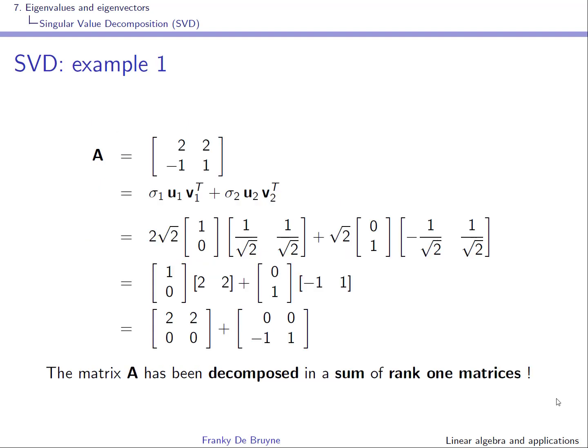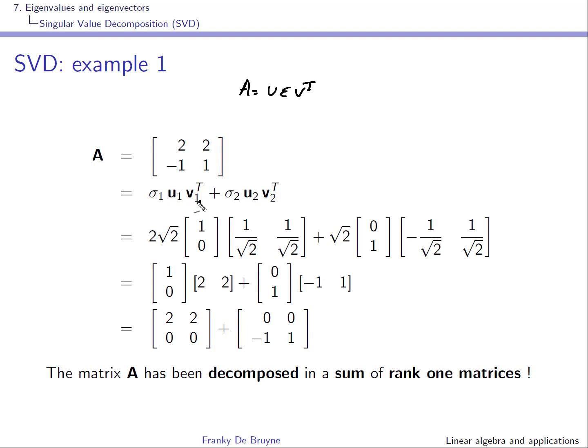So there was also another interpretation of the decomposition A is equal to U sigma V transpose. The idea was that you could write it as a sum of terms like that. In general, you have a number of terms that corresponds to the rank of the matrix, and indeed here the rank is 2, so we have 2 terms, and it's each time the singular value times the associated vector in the U matrix times the associated vector in the V matrix transpose.